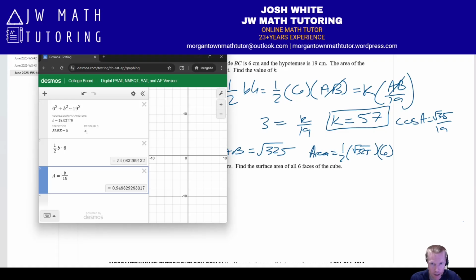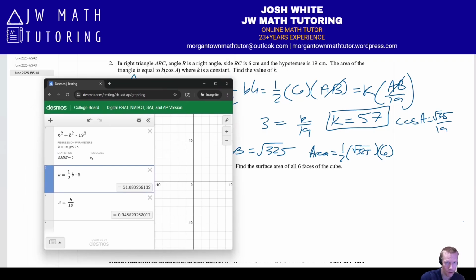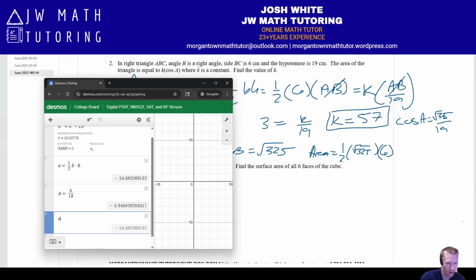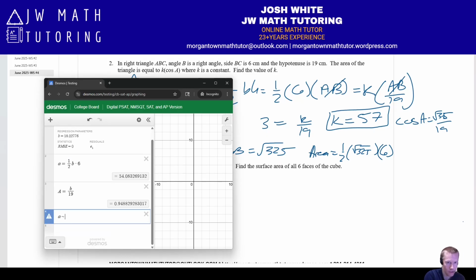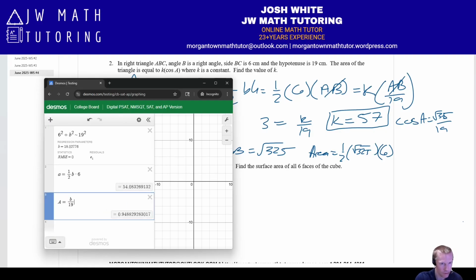All right, and now we just set these two things equal. So I'll call this little a for area. So now basically what I'm going to do is say the area of the triangle, which is this number, is equal to k times the, oh actually never mind, we can't do that because we're going to be doing regression twice.